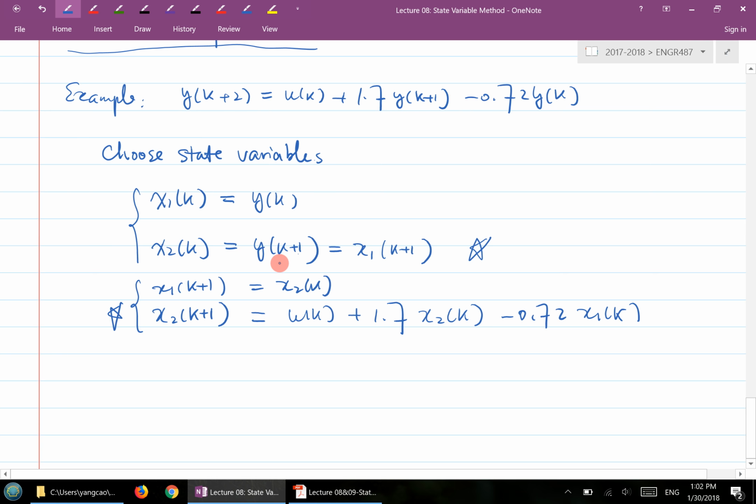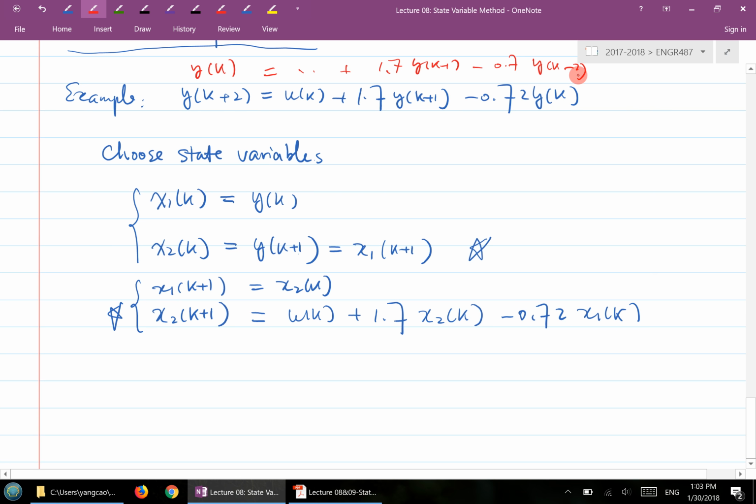Would it be different if it was y of k and y of k minus 1? Would they then be the same state, one delayed? Yes, you could see that. When you have a difference equation, you can write y of k equal to this plus y of k minus 1, and y of k minus 2.